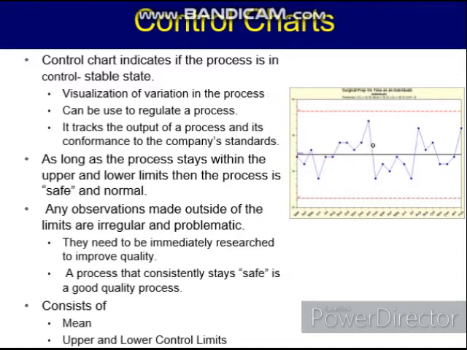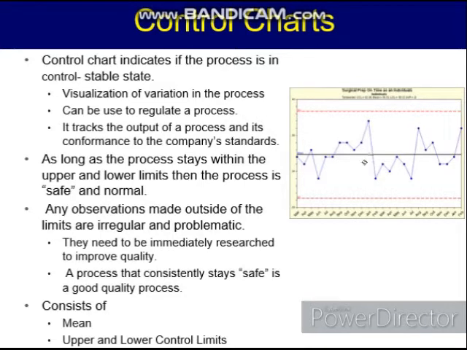By looking at the control chart itself, it gives the visualizations of the variations in the process. Variation is not good, but you cannot escape from it. In any process, there will be variability, but how much variability can be accepted? The control chart will tell you that, and it can be used to regulate the process.